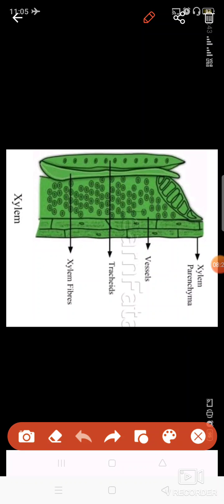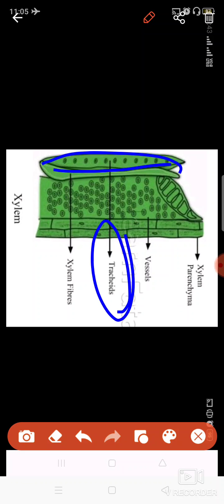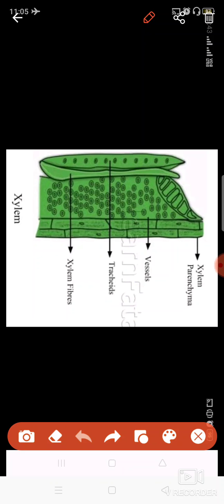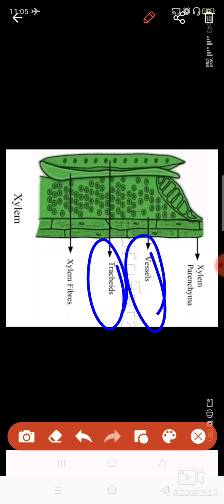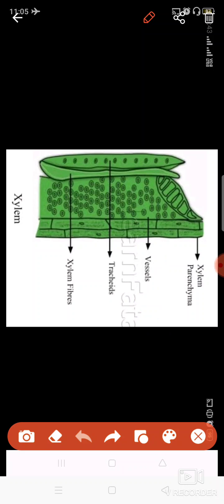Then attached to them are the xylem vessels and xylem tracheids. Xylem tracheids are spindle shaped cells. These two cells, xylem vessels and xylem tracheids, work in coordination to conduct the water and minerals from the root to the upper parts of the plant.